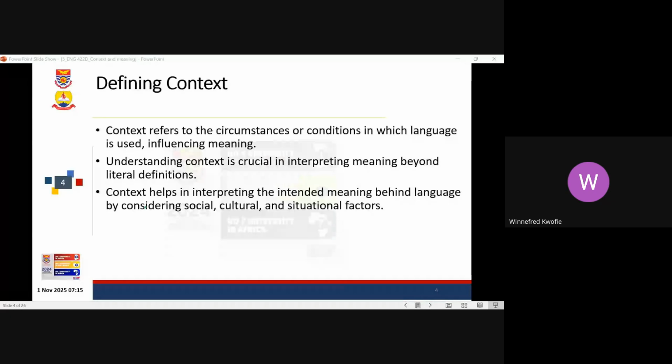Let me put it in a different way. All first year students are expected to bring trunks to school. So what's the meaning of trunk in this sentence?